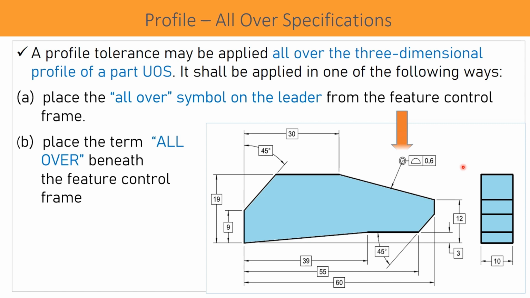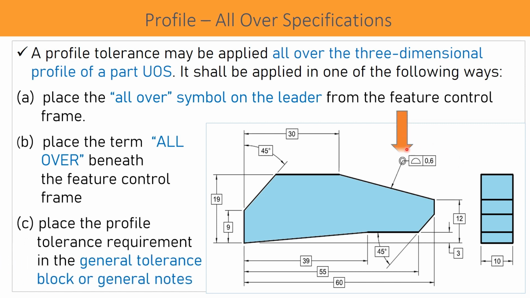That is also an alternative practice. And lastly, the indication can be placed at the general tolerance block or the general notes. Normally this requirement comes near the drawing title block. There you can write the general values or the notes.